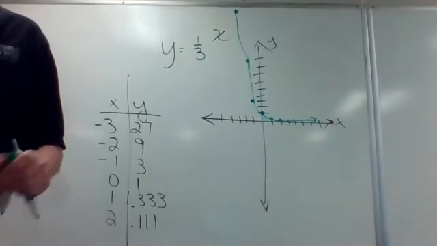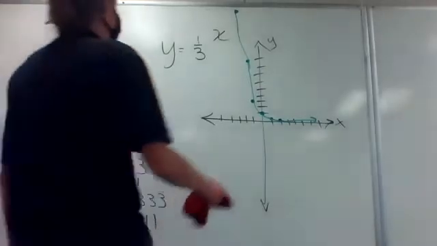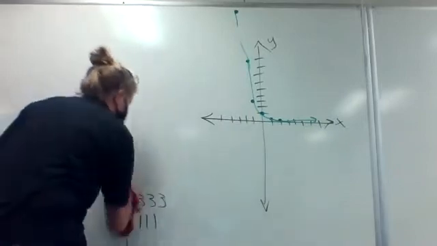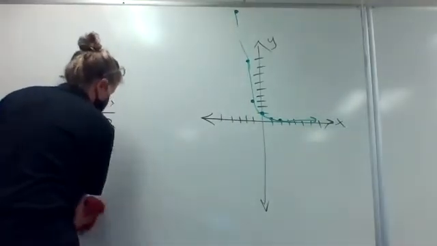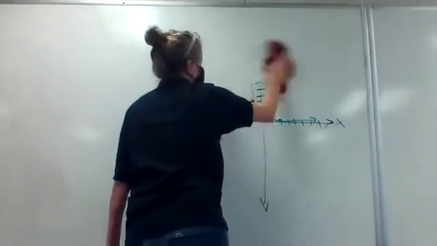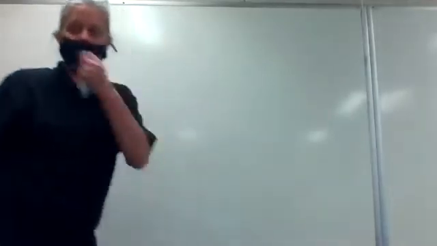Okay, now let's go back to 1 and 2. And these two are actually just calculator problems. So let's look at where this E button is on my calculator. Because these are just going to be calculator problems.